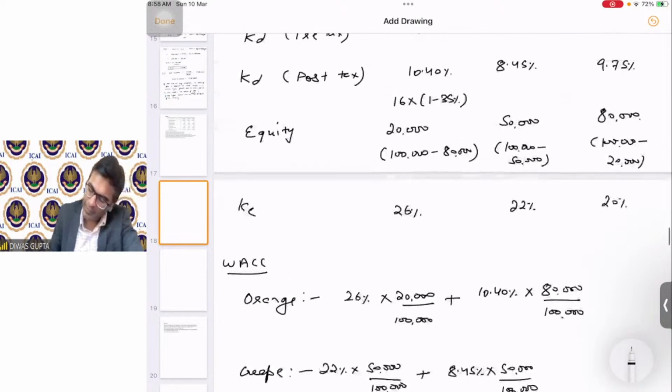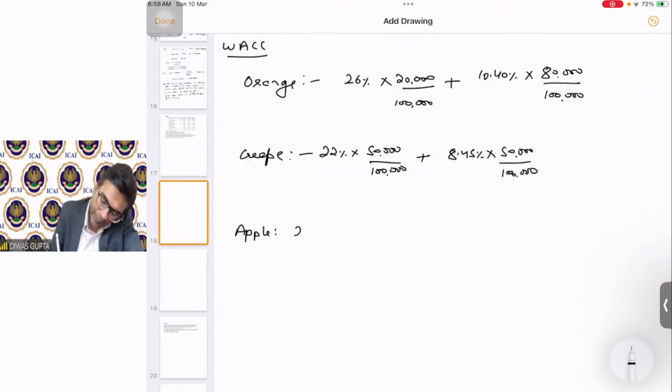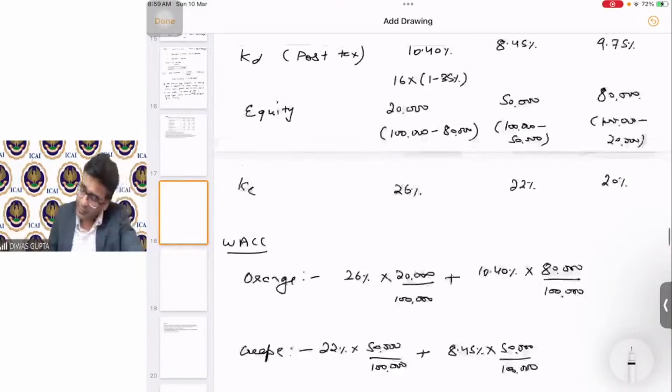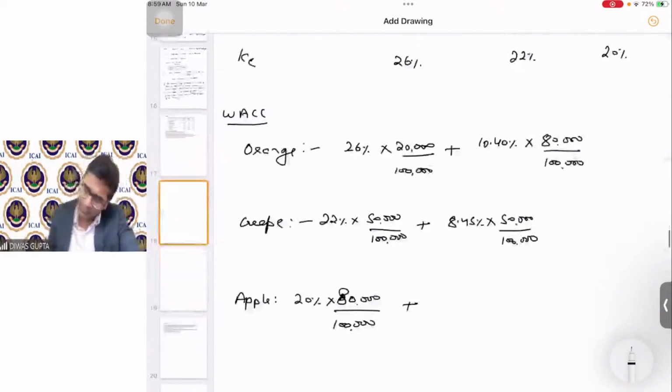Then last one is apple. Apple is 20% on 80,000, divided by 1 lakh, plus 9.75% into 20,000 divided by 1 lakh. Clear, students?